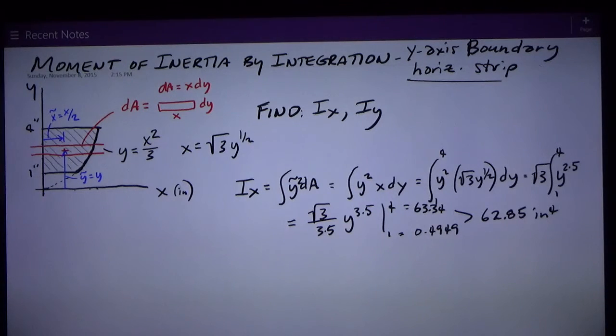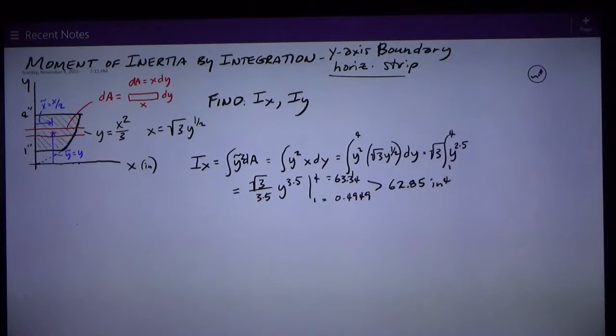Okay, so for Iy, for reasons of the parallel axis theorem, I can't evaluate it quite the same way. So I use what I sometimes call a trick. We know from other work that we've done, if I have a rectangle with a base of b and a height of h, the moment of inertia of a rectangle about an axis on its side, in this case a y-axis, is b cubed h over 3.